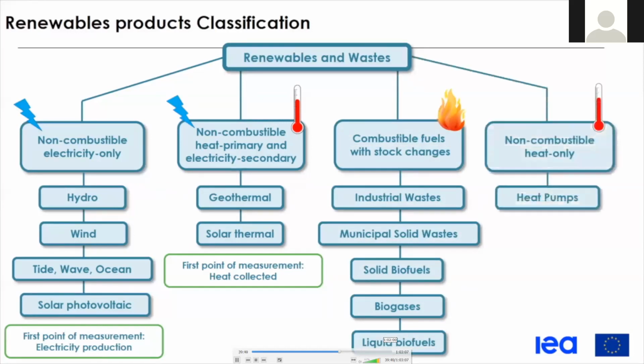And lastly, there is a non-combustible heat-only group which contains only heat pumps. This will not be covered too deeply here because it's not that present on the African continent.